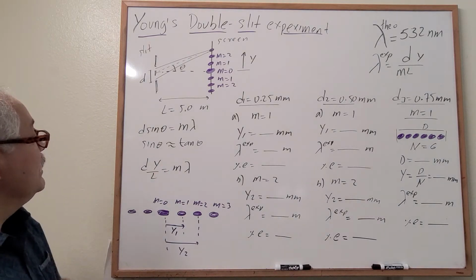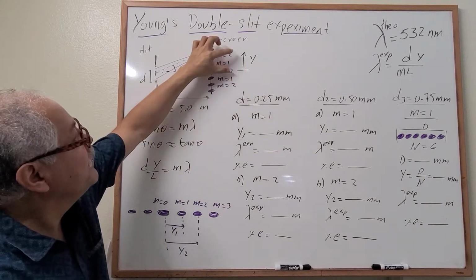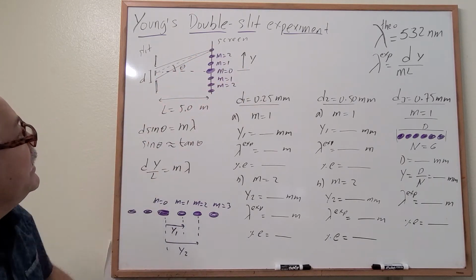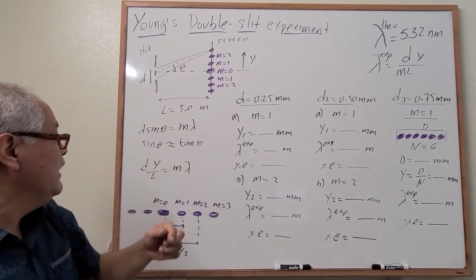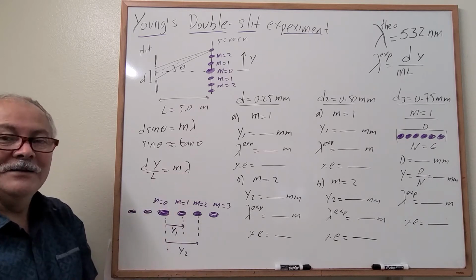When we use that, we create a triangle, right? Tangent is opposite over adjacent, right? So the equation becomes d y over L equals m lambda.